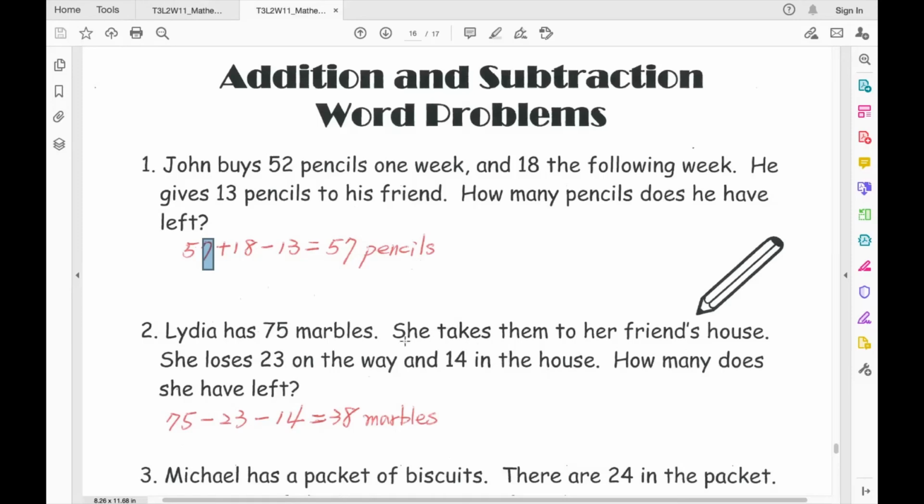So what we can do here is write the number sentence: 75, take away 23, take away 14. So it's quite long. And at the end, we can find how many marbles she has left. We find out that she has 38 marbles left. So that's how you do these 2 questions. I might slow down a bit in case you guys haven't written this down yet.